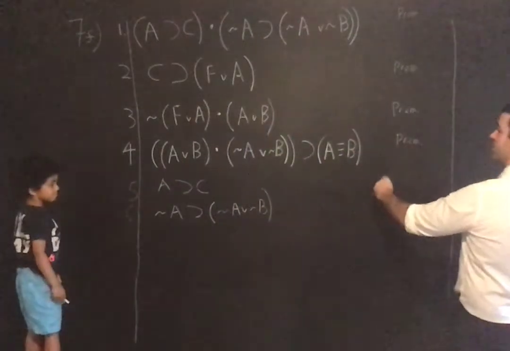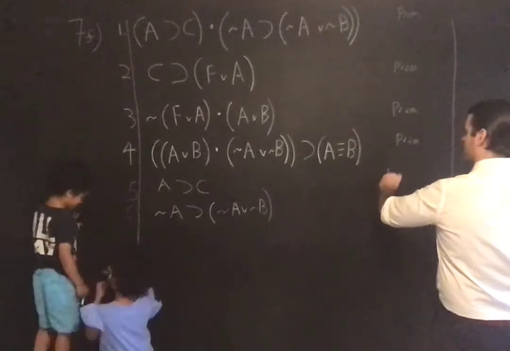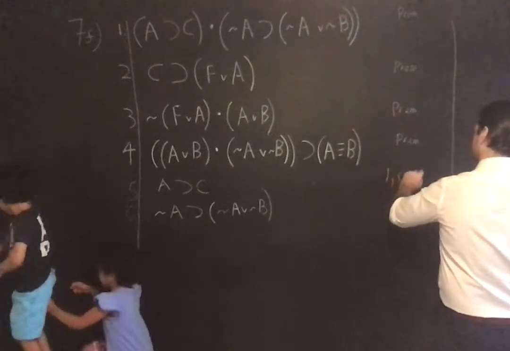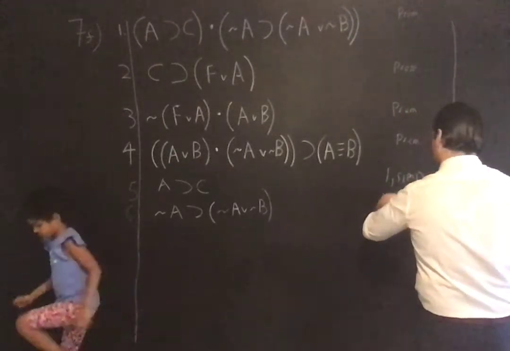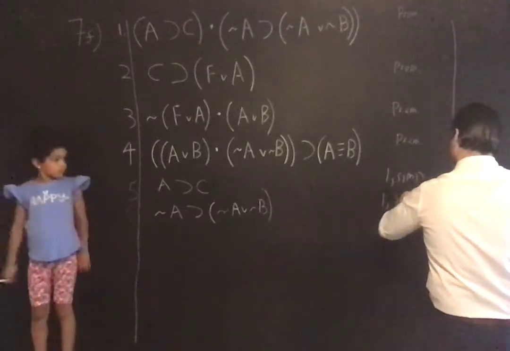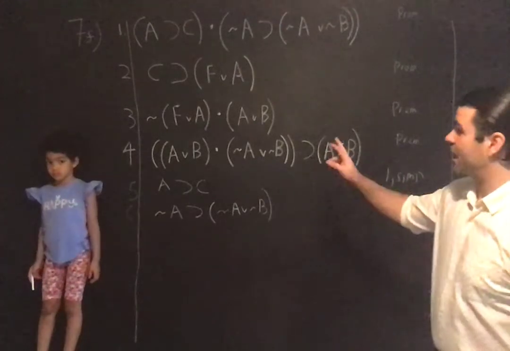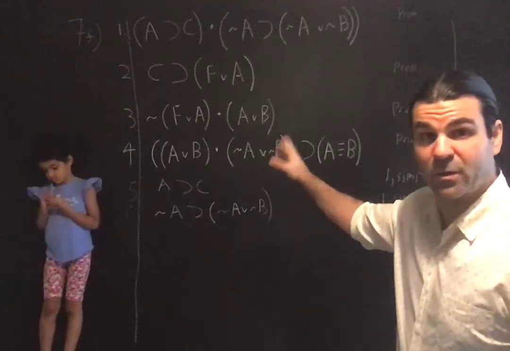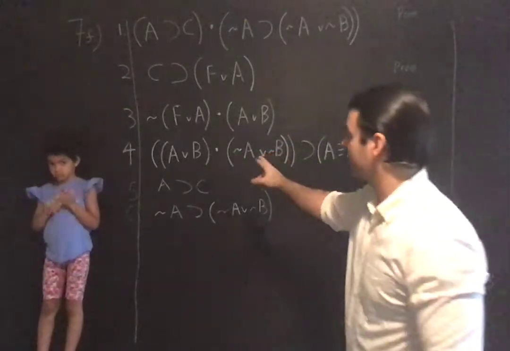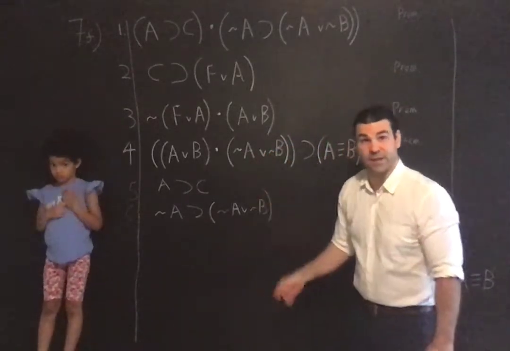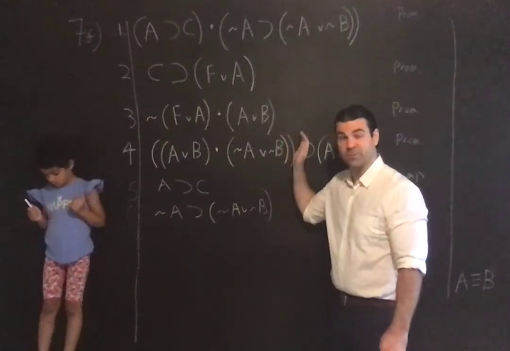Okay, so I got that from 1, simp, 1, simp. Okay, and you should look at 3. What do you see when you look at 3? What you should see is, again, a P and Q, right?